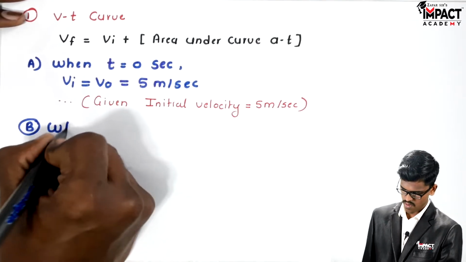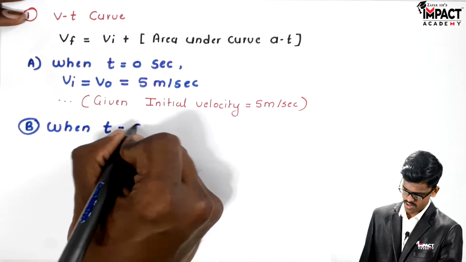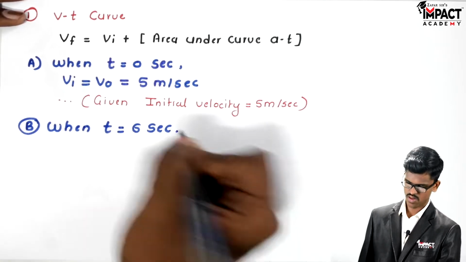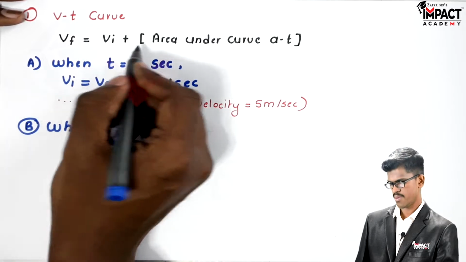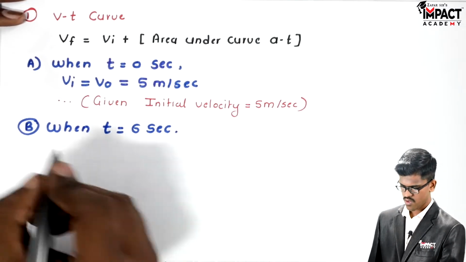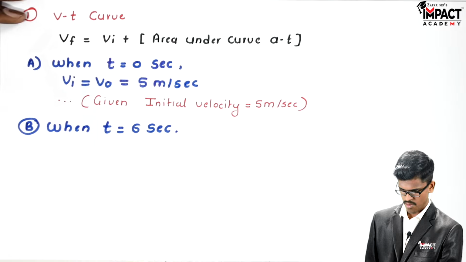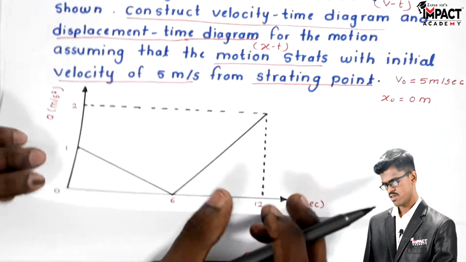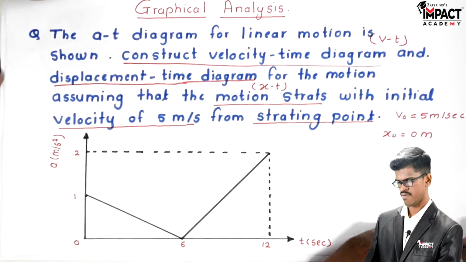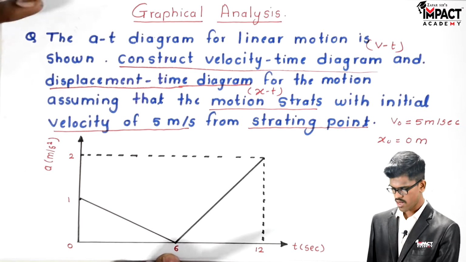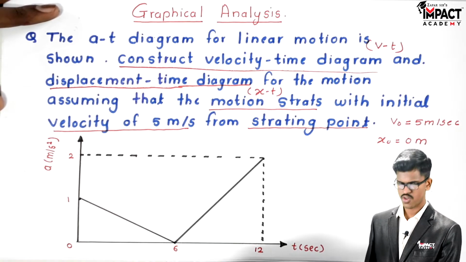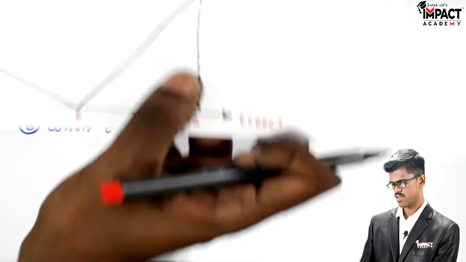when t is equal to 6 seconds. We have the formula Vf is equal to Vi plus area under the curve. So we find the velocity when t is equal to 6 seconds. We consider motion from 0 to 6 seconds.